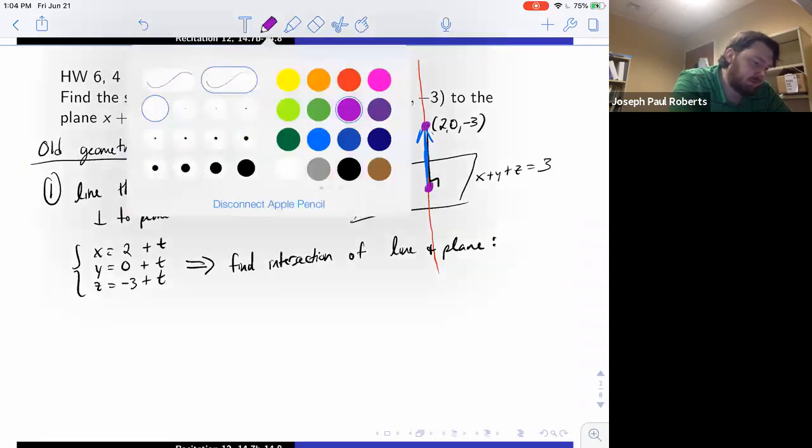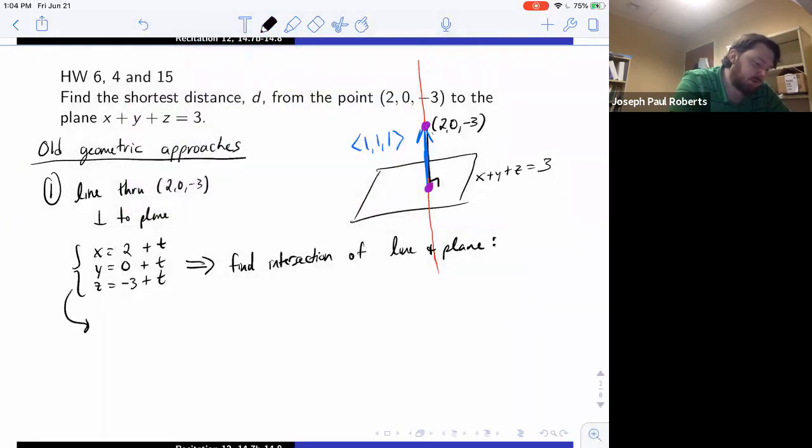So to find that, we plug that into the plane equation to get that, well, x plus y plus z equals 3. So what is that? 3t equals 4. t is 4/3.